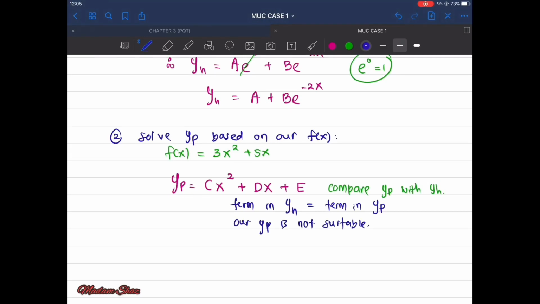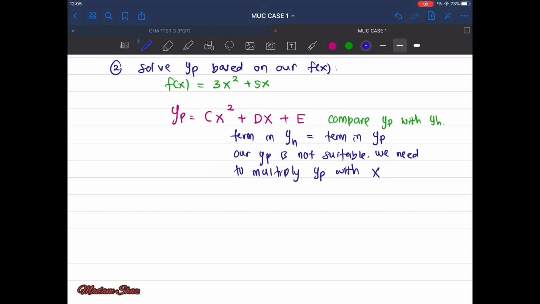So you need to multiply yp with x to the power of 1. Therefore the new yp is x multiplied with our previous yp.